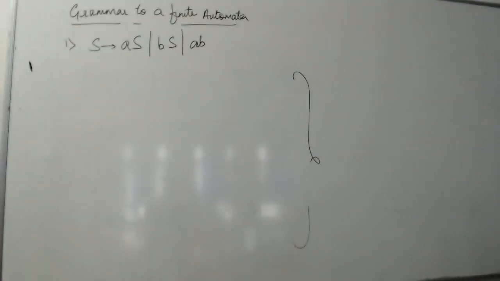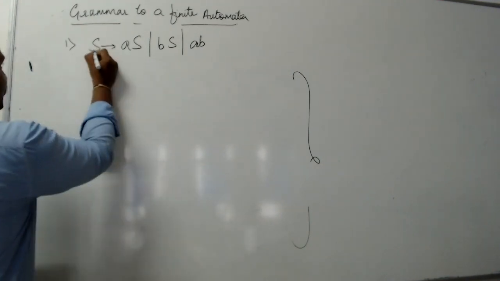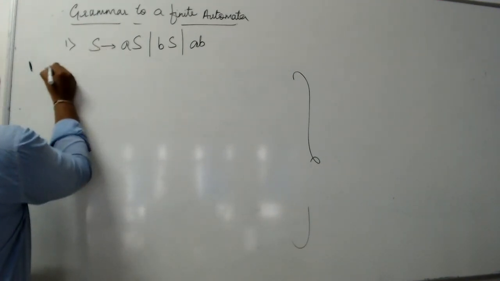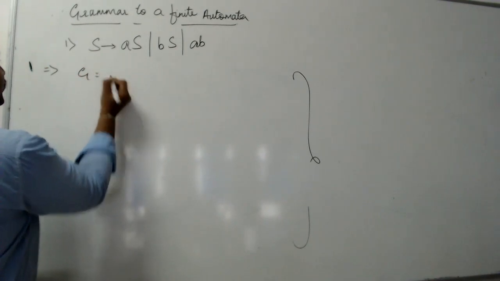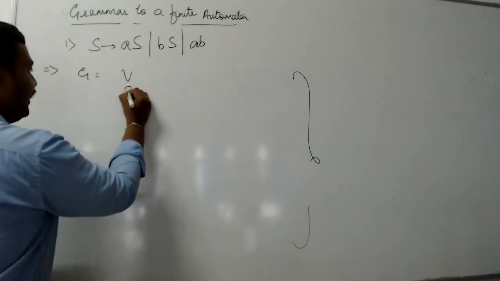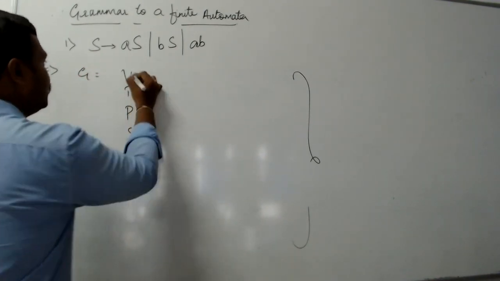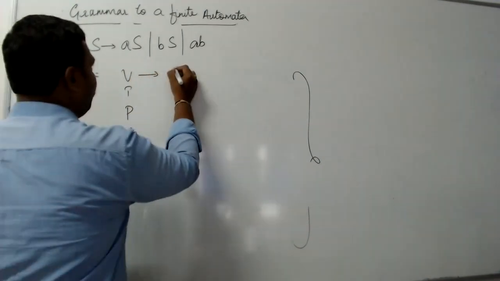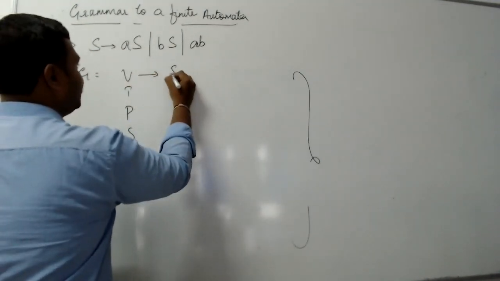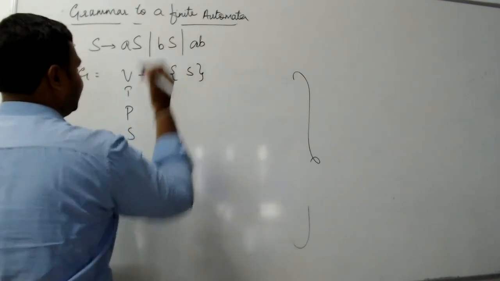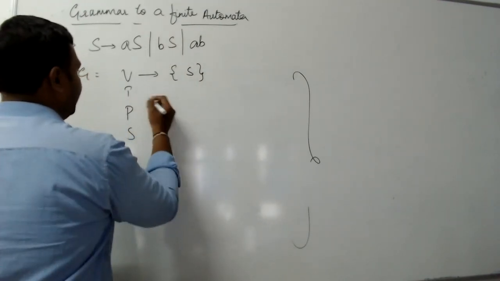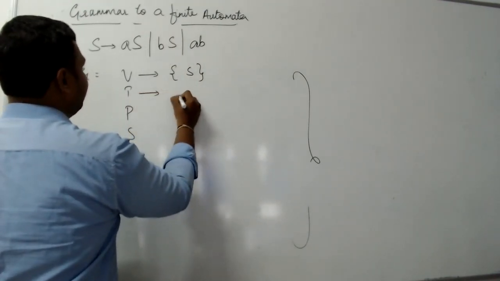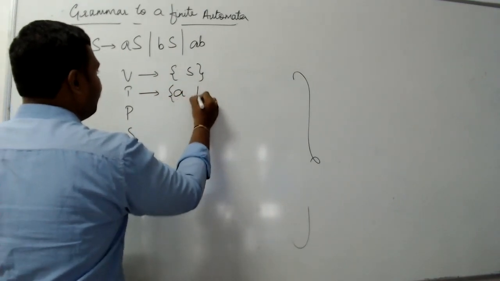Okay, let's begin. So first let us define our grammar. G is V, T, P, S, right? V stands for the set of non-terminals, so here the set of non-terminals is S. T stands for the set of terminals, a, comma, b.